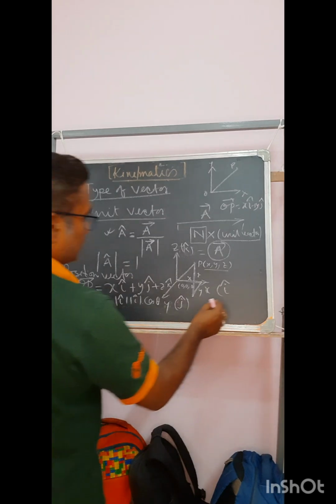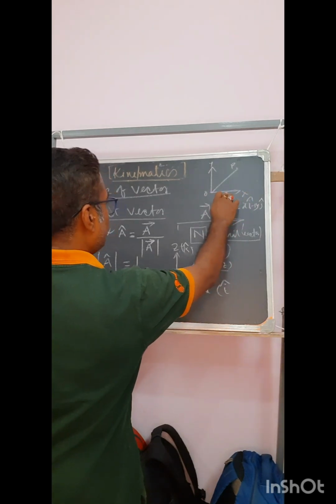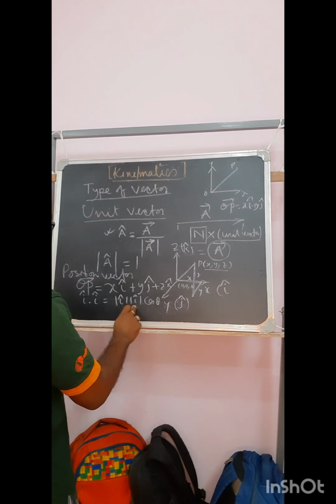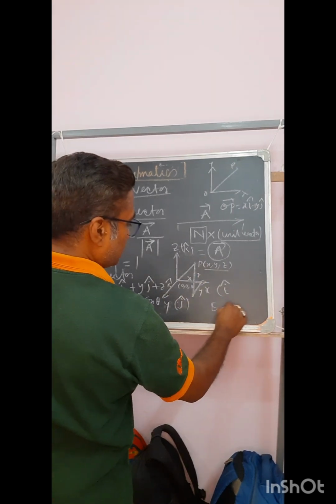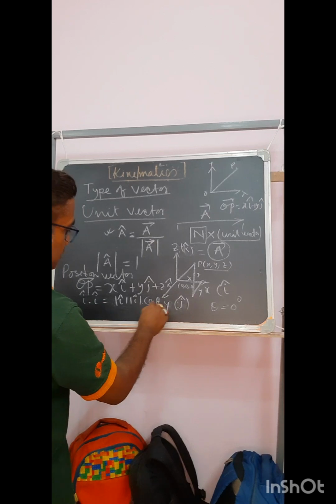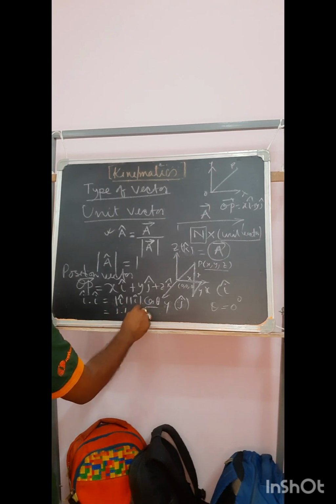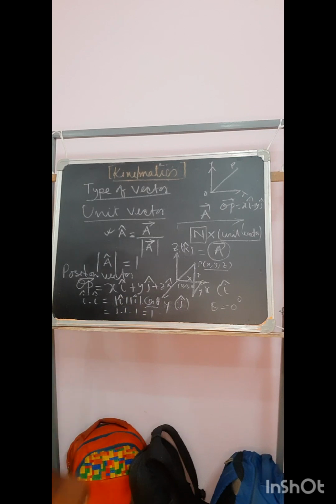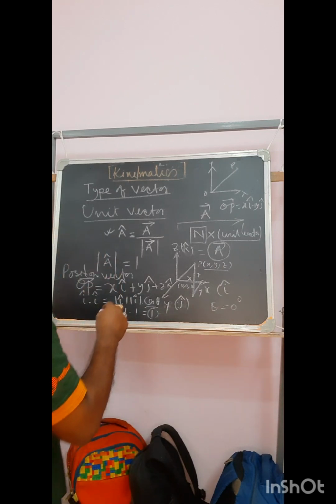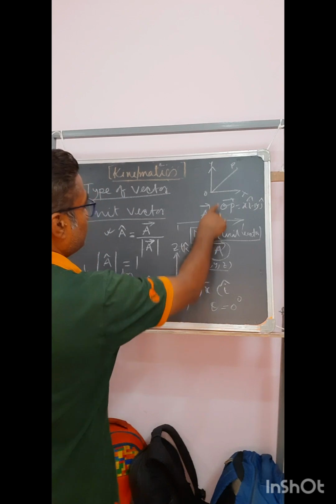Now you see, if in the x direction, any unit vector and unit vector, the angle theta between them will be 0 degree, so cos 0 is equal to 1, and the mod value of a unit vector we know is 1, so 1 into 1 into cos 0 will give you 1. So any unit vector along any axis, any direction, if I multiply with the dot product, it will give you 1.